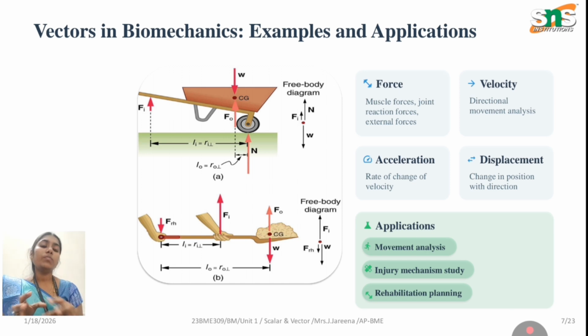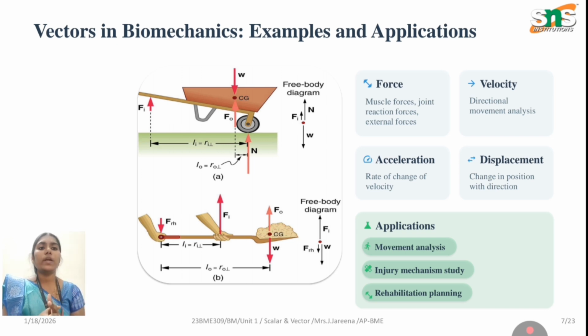When you are dealing with that type of force, then it is called a vector in your body. Velocity also gives you directional movement analysis, acceleration is the rate of change of velocity, you know already, and displacement is the change in position with direction. So in any of these vector examples, there is an involvement of magnitude and also direction.